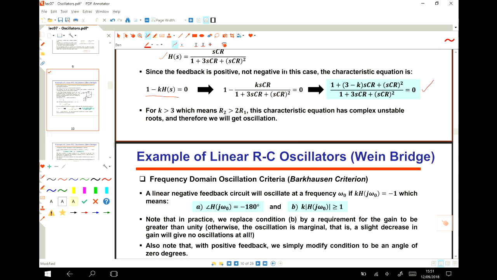Okay, so my question from you is that when this system can oscillate, I mean based on this condition, what should happen that this system is unstable?